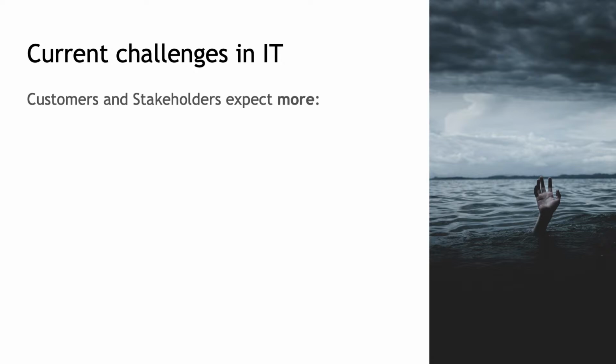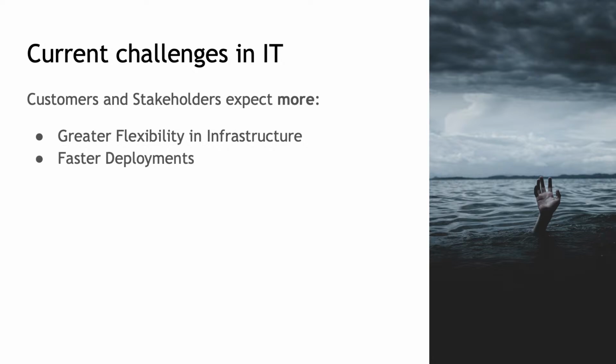What they expect from us is greater flexibility in infrastructure. They want us to provide infrastructures whenever they need them, whenever they decide that they want something rolled out, it has to be there. They want to see faster deployments.